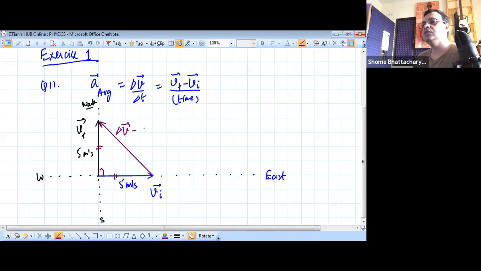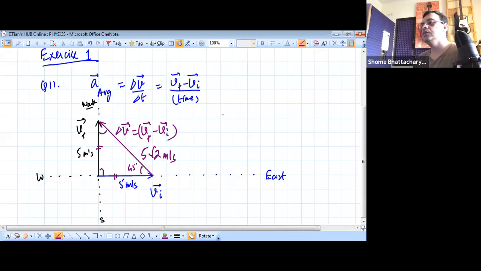Your change in velocity will be final minus initial, so it will be the arrow pointing from the head of initial to the head of final. It will be 5 root 2 meters per second in magnitude. You can see its direction is towards northwest, because this angle is exactly 45 degrees, same as this angle.